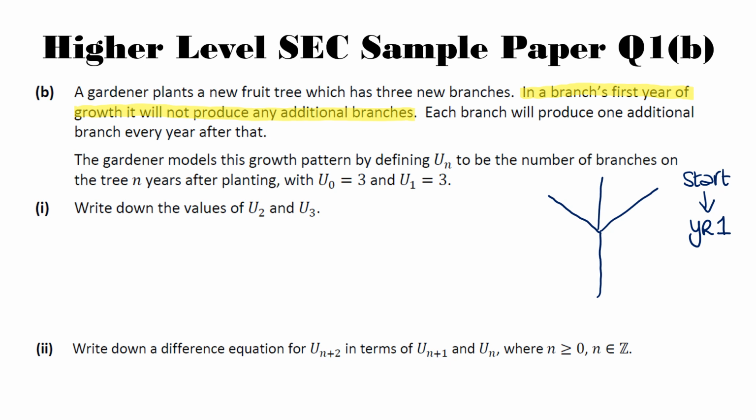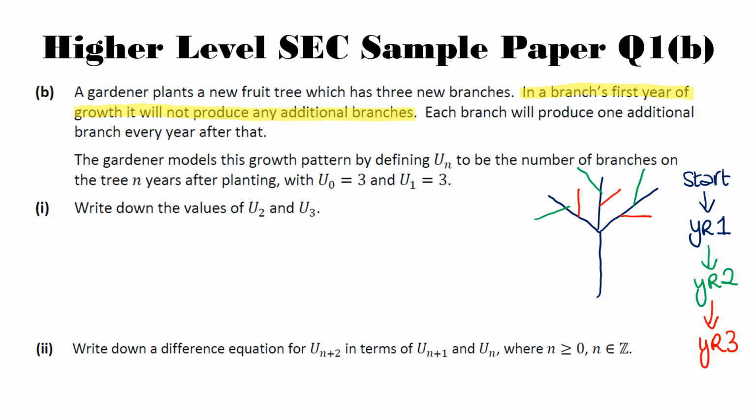So then we move into year 2. And at the end of year 2, we will now get growth on each of these branches. So now we have 6 branches. And then the following year, which is going to be year 3, each of our original branches, so the blue ones, will produce a new branch because they produce 1 every year.